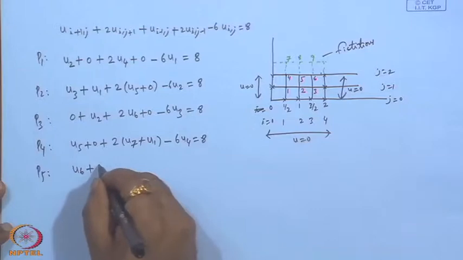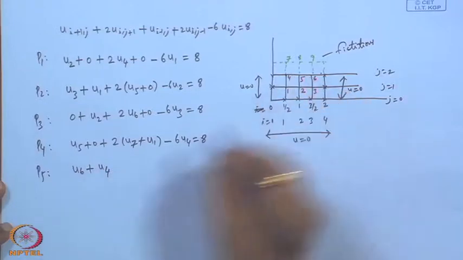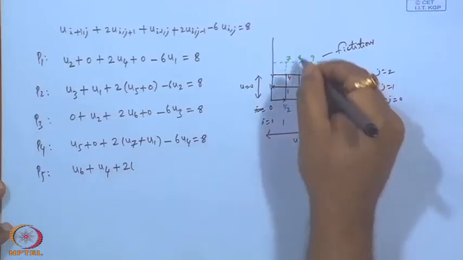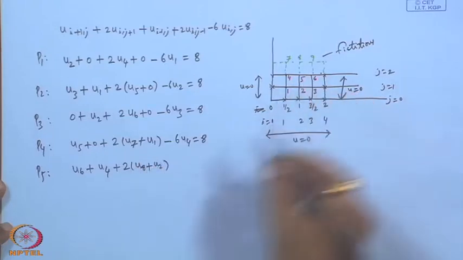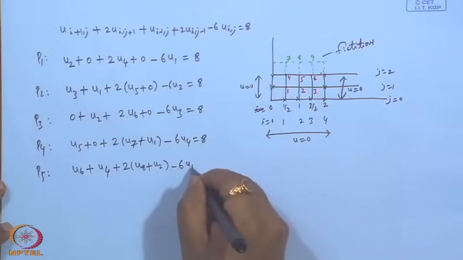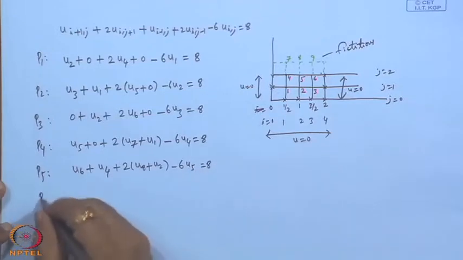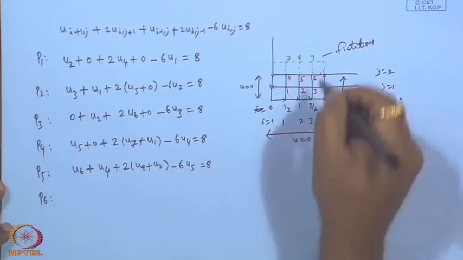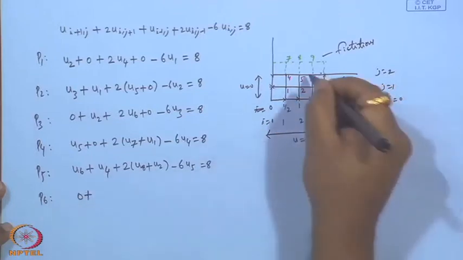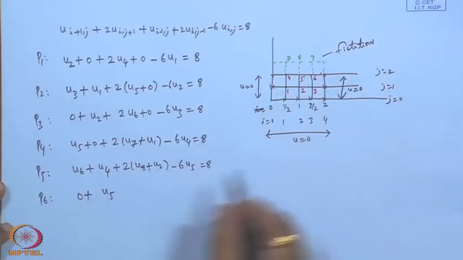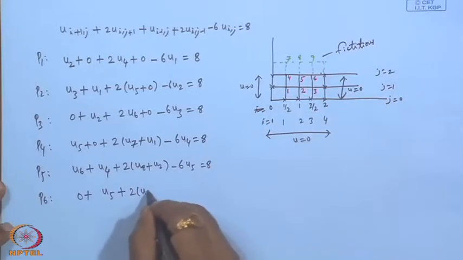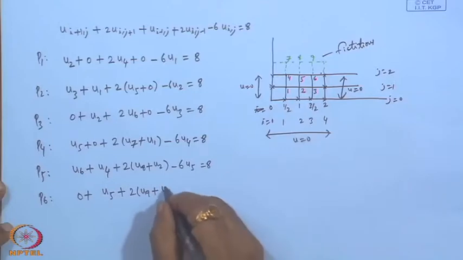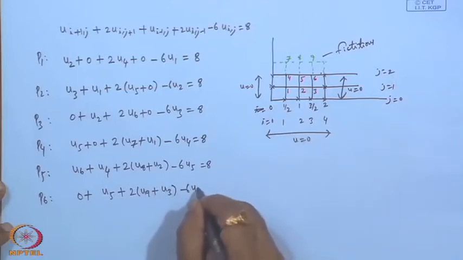u 6 plus u 4 plus 2 times u 8 plus u 2 minus 6 u 5, and at point 6. So, this is 0 plus u 5 plus 2 times u 9 plus u 3 minus 6 u 6 equal to 8.